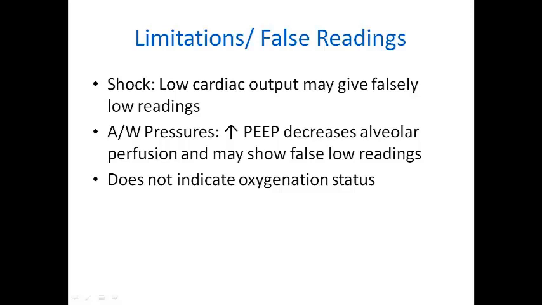Airway pressures, although we may have good cardiac output, an increase in positive end expiratory pressure is going to decrease the diffusion and perfusion that's occurring around the alveoli. This would still show a falsely low reading. Also, take into account that good waveforms do not necessarily indicate good oxygenation in our patients.